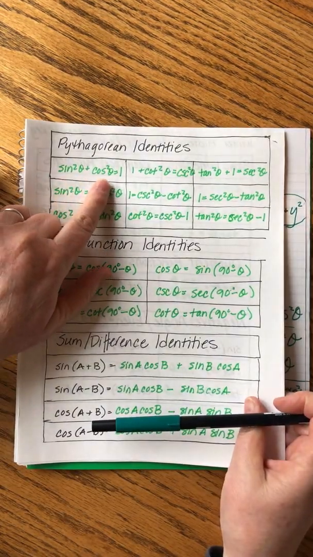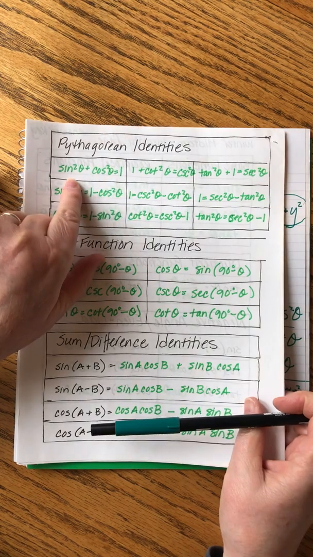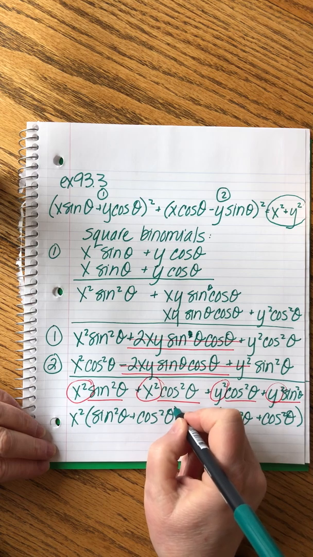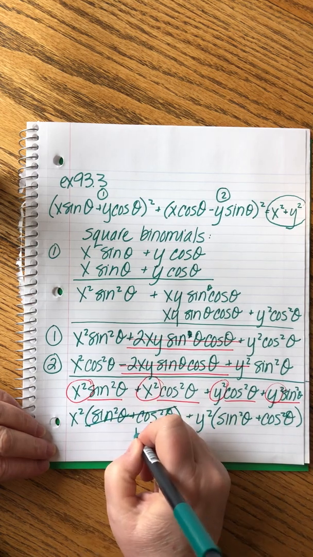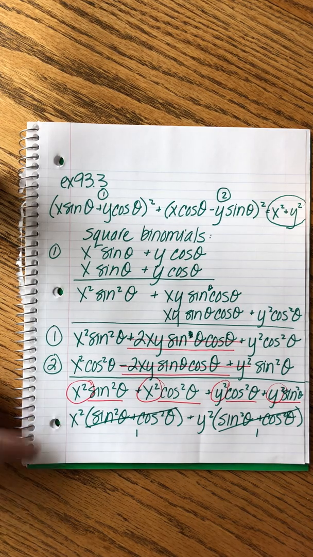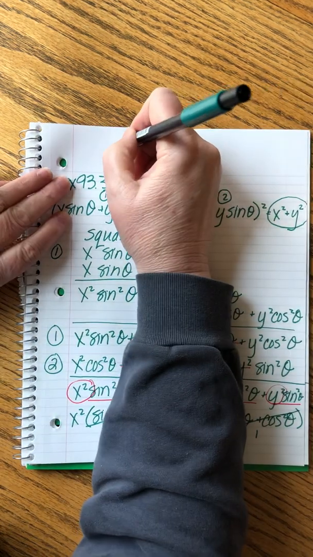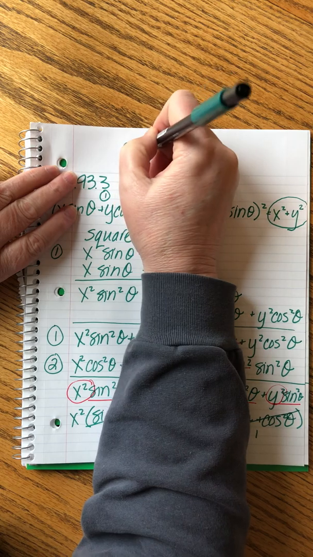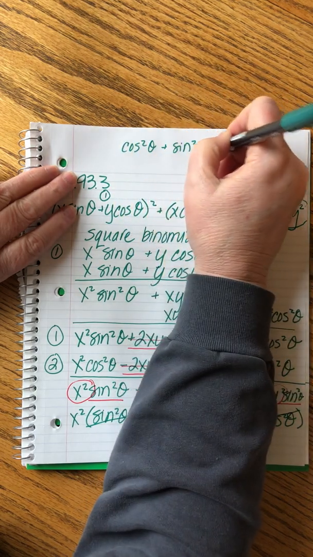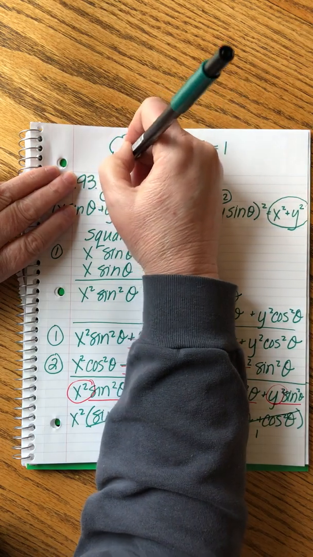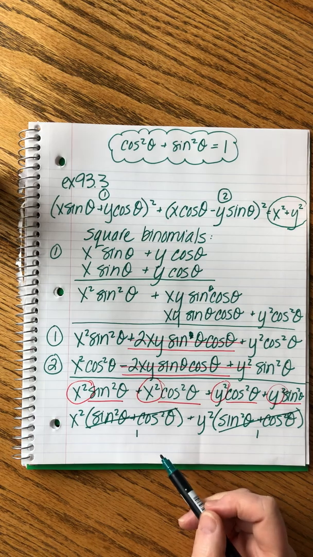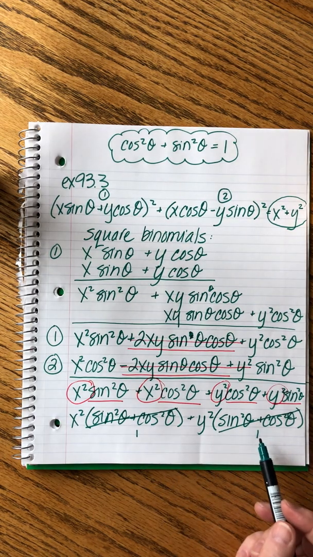Sine squared theta plus cosine squared theta equals 1. It's the very first of our Pythagorean theorems. So that means that this goes to 1 and this goes to 1. And so, because I'll write it up here, cosine squared theta plus sine squared theta equals 1. That's what we're using down here. I would write it down closer to where I actually used it, but I'm fresh out of space.